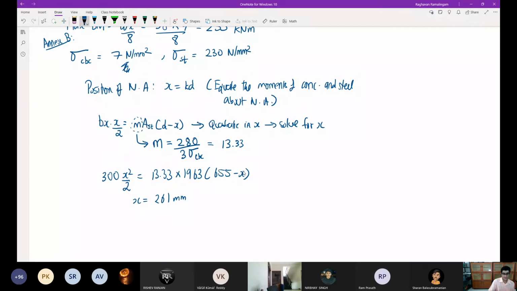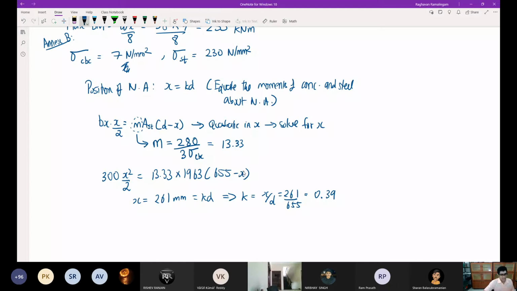So we can also find the factor k. This is kd, meaning k is nothing but x by d, or 261 by 655. How much is this factor k? 0.39.